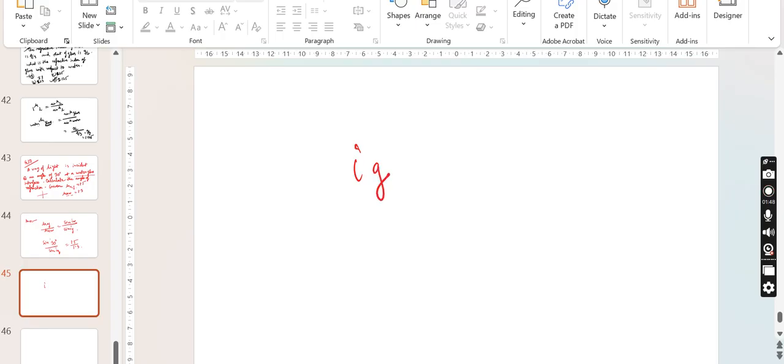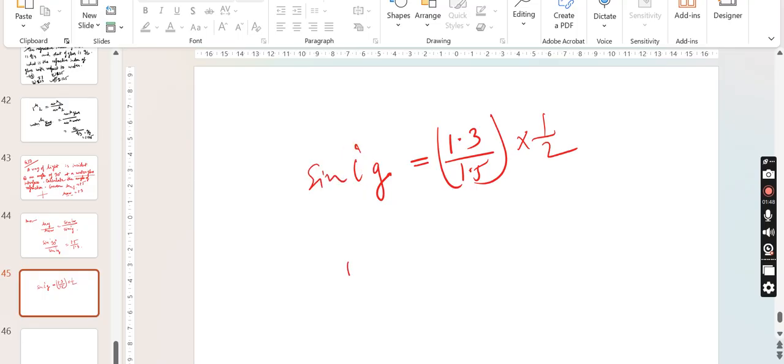So from that we calculate the angle in the glass: sine inverse of 1.3 by 1.5 into half. So the angle of refraction is 0.446, so that is 26 degree 41 minutes.